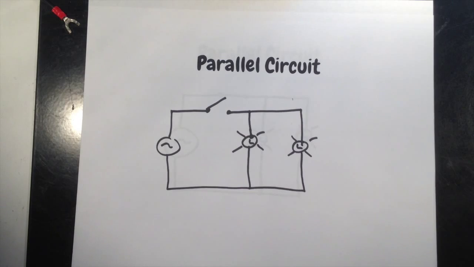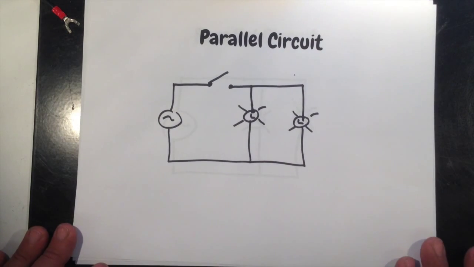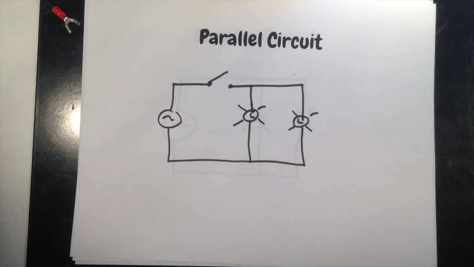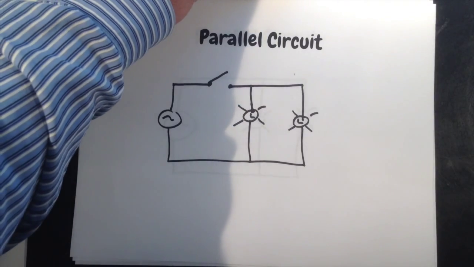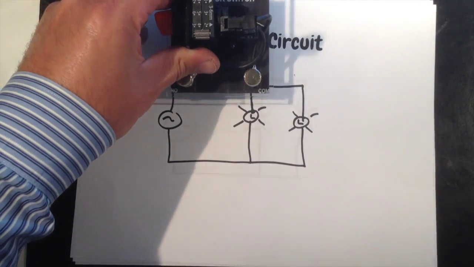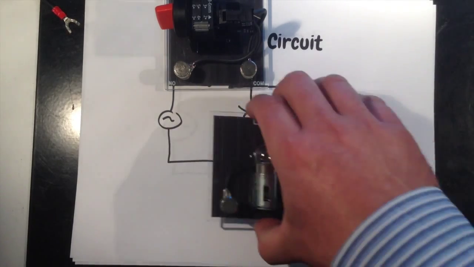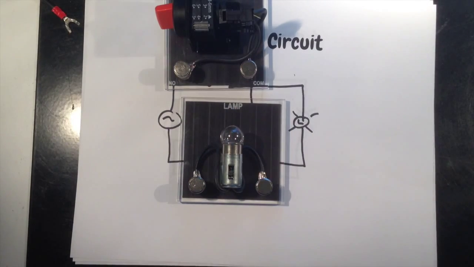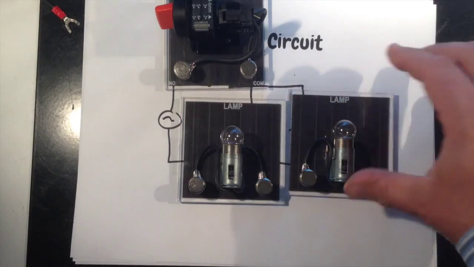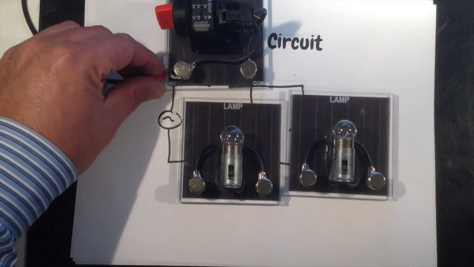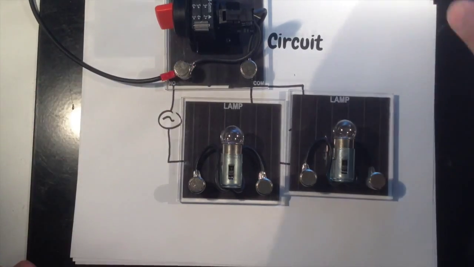Now I've added a schematic here with a switch, and we will wire it up and show you how a parallel circuit works. So here is my switch. Here are my two lamps, and I am going to wire my switch.